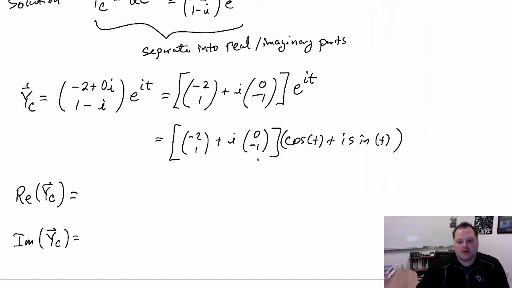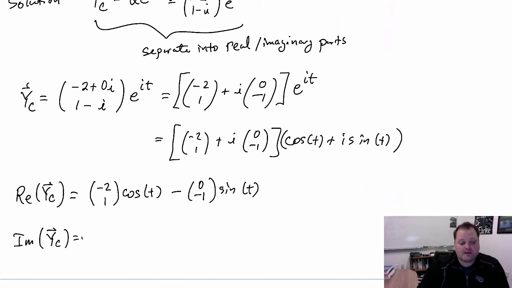So look at the first term. You've got -2, 1 times cosine t. That will not have an i. And then if you look at the imaginary terms times each other, i times i is -1. So this term times this term will actually be real. It'll not have an i as part of it. So minus 0, -1 sine t.